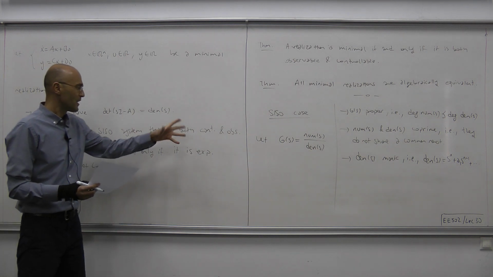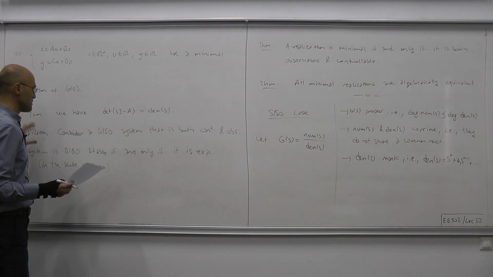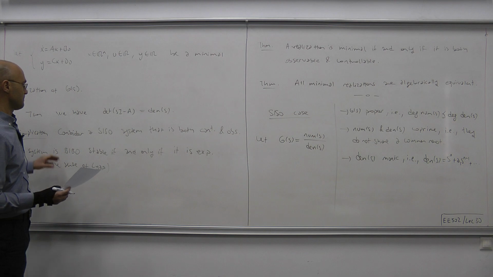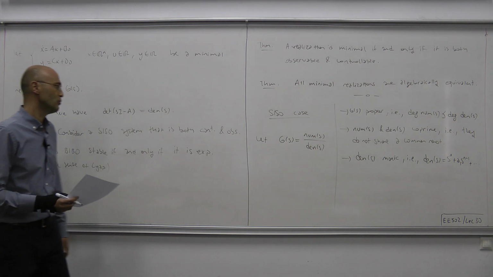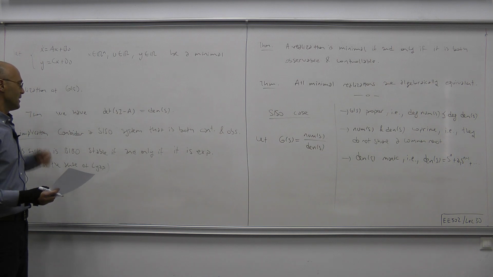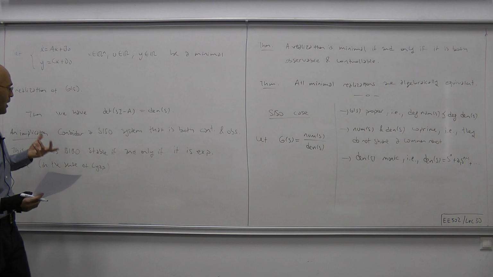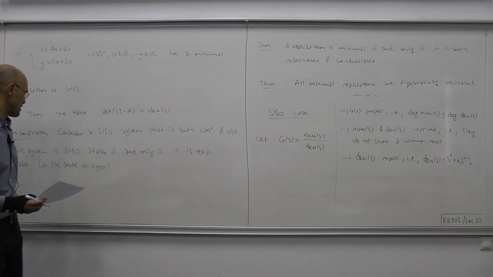But now, this result says that if a single input, single output system is both controllable and observable, then it's bounded input, bounded output stable if and only if it's exponentially stable.